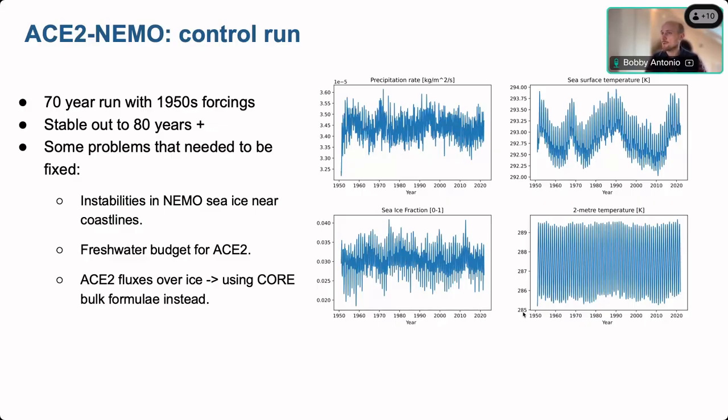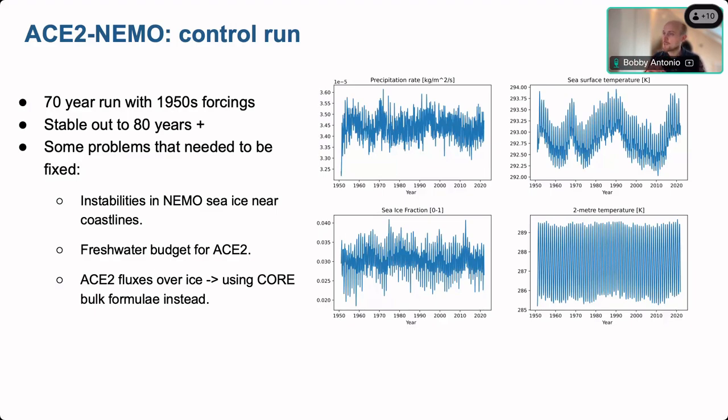As you can see, we had a few problems we had to fix, such as instabilities in NEMO sea ice. So we had to modify the way that the fluxes over the coastlines were behaving over the sea ice points.